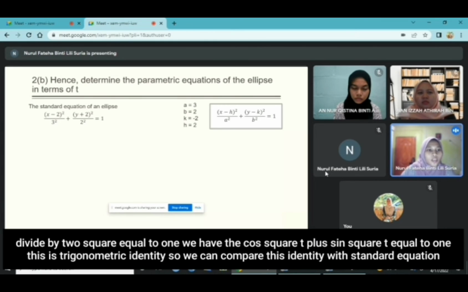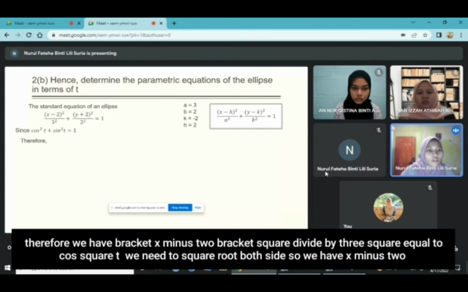We have cos squared t plus sin squared t equal to 1. This is a trigonometric identity, so we can compare this identity with the standard equation. Therefore, we have (x minus 2) squared divided by 3 squared equal to cos squared t.